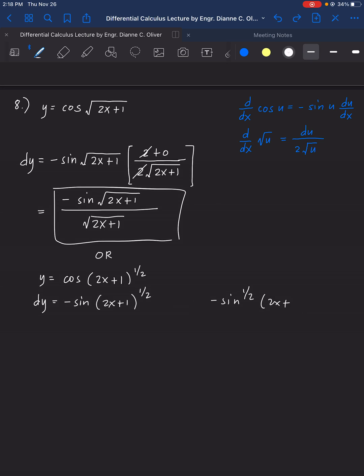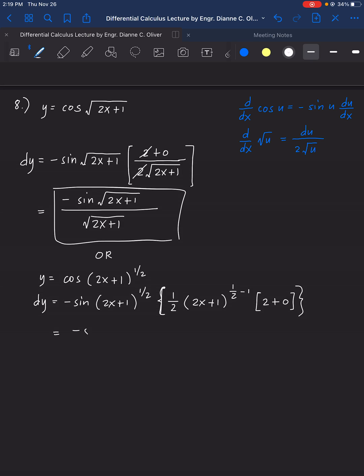Okay, so the 1/2 here belongs only to the angle. So we are deriving here the whole angle. So this is now 1/2 times 2x plus 1 raised to 1/2 minus 1, then the derivative of the u, which is 2 plus 0.